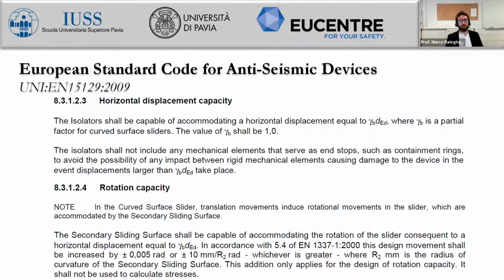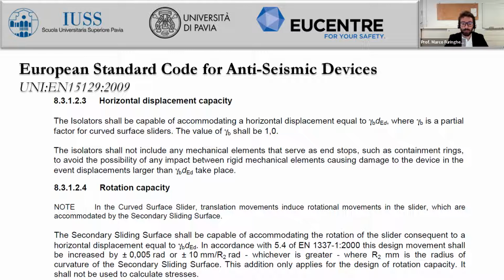This is actually a rule of the European standard, so there must not be any containment rings for isolation device curved surface sliders in Europe. But generally, the restraining rim is actually very studied in the United States.